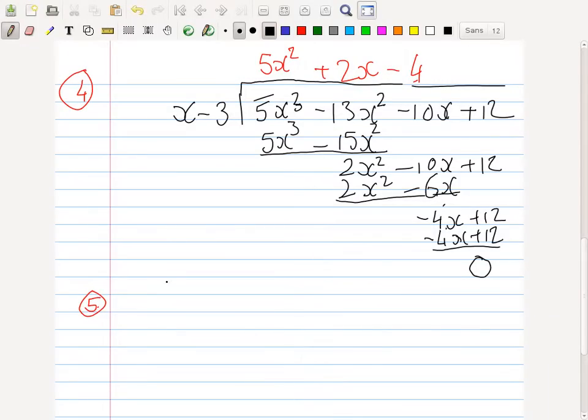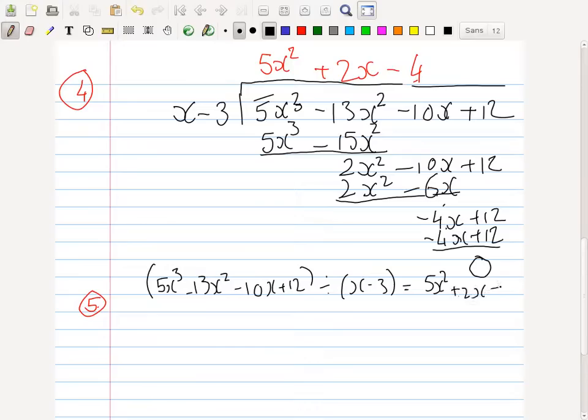Should you write something like 5x cubed minus 13x squared minus 10x plus 12 divided by x minus 3 equals 5x squared plus 2x minus 4? I won't take any marks away if you don't write this down. You'll still get full marks with this. It does look nice to write this, but it doesn't get you any extra marks.